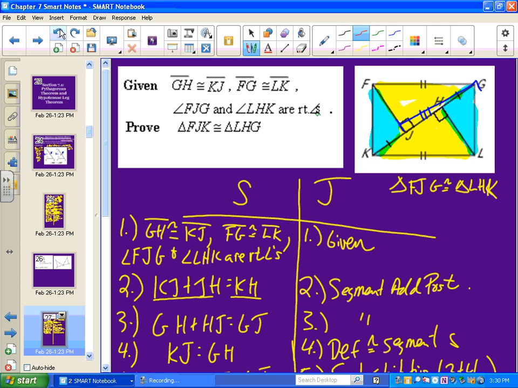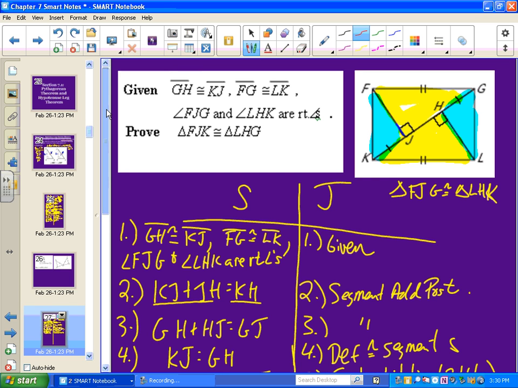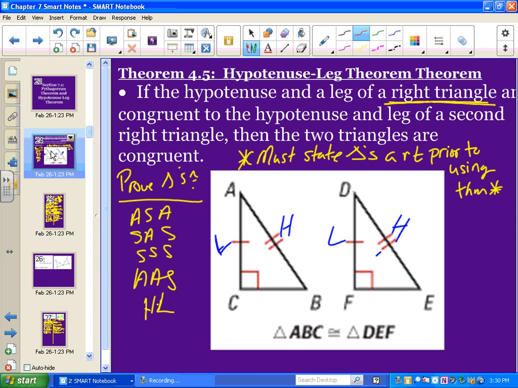But there's just one last thing we have to add. Remember, before we can use hypotenuse leg, we actually have to state that they're right triangles, because we never did that. We know that we have right angles in them, but we need to state that they're right triangles. Because when we look back at the theorem, it says of a right triangle right there. So we want to make sure we state that we have a right triangle.